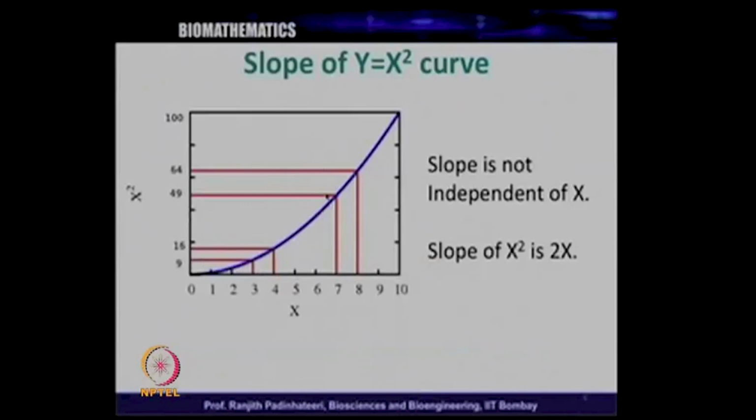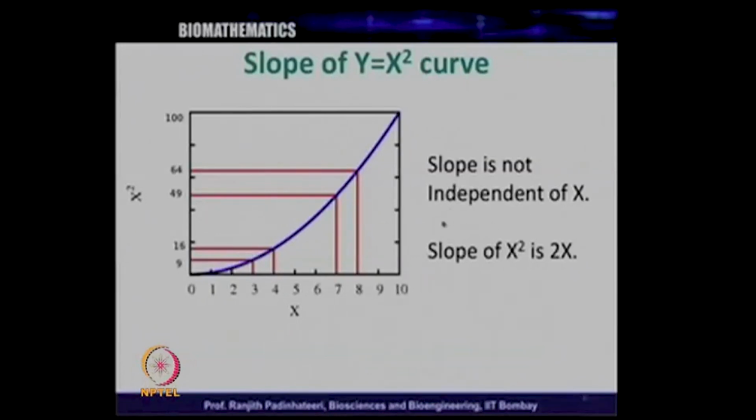What it means is that the slope changes as you go along the curve. As you go along the x axis, the slope of a quadratic function, y equal to x square, changes. In other words, the slope itself depends on the x value.